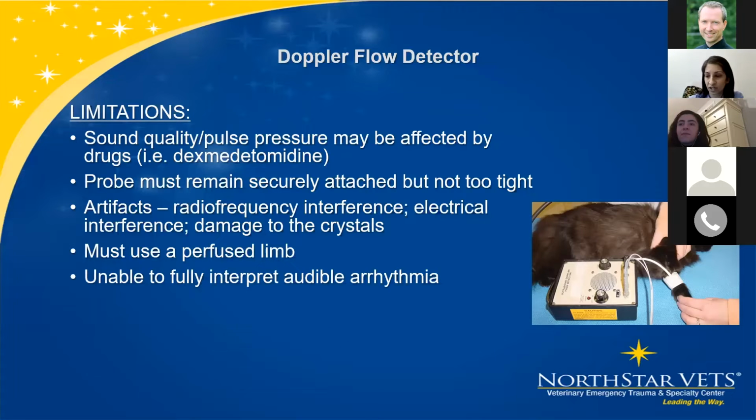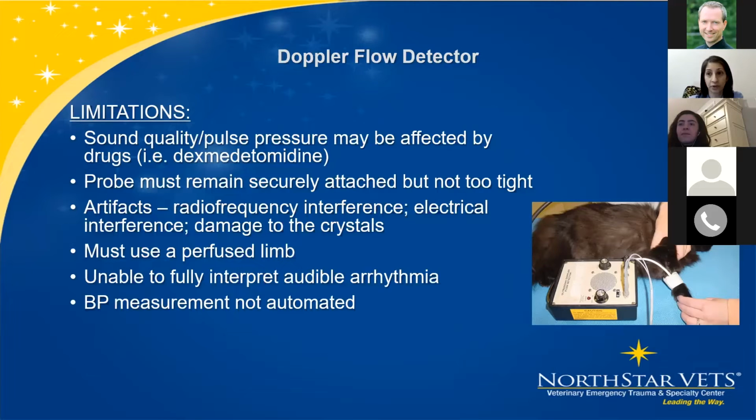Without an ECG, it's not really possible to determine if an arrhythmia that you hear audibly is either a sinus arrhythmia or if it's ventricular in origin. So if you are noticing that you have pulses that come prematurely, you can't necessarily localize whether that may be a VPC or just a sinus arrhythmia.